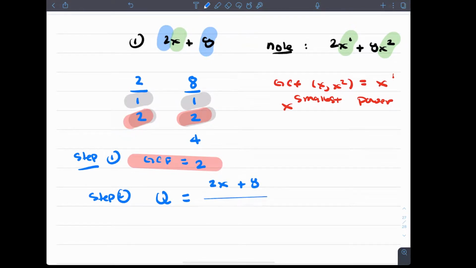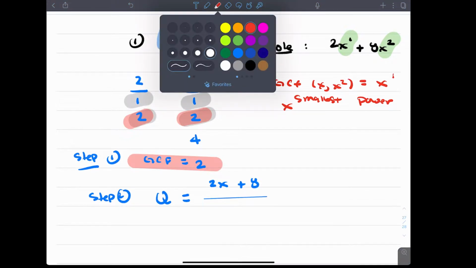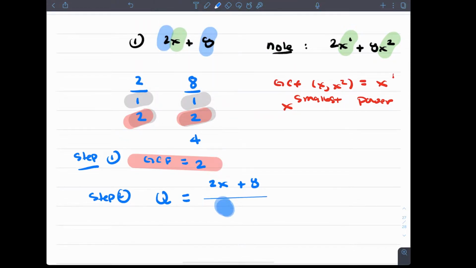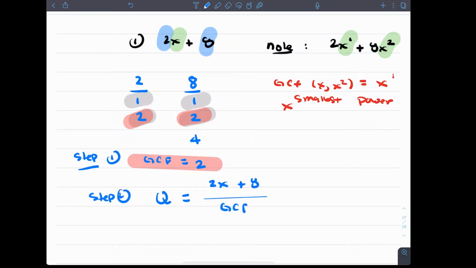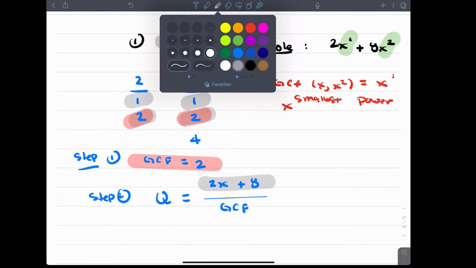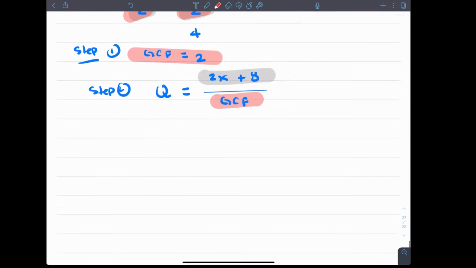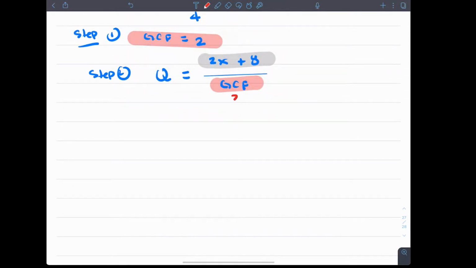I'm taking the original expression that they gave you, 2x plus 8, and I have to divide both terms by the GCF, 2. You get to distribute your division, so you get 2x over 2 plus 8 over 2. And what does that give you? That gives you x plus 4.